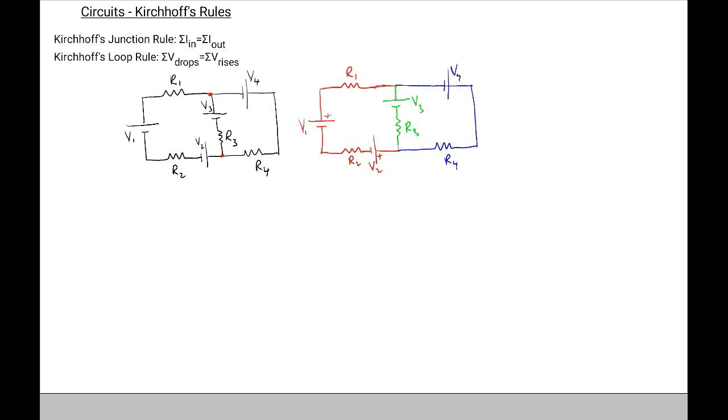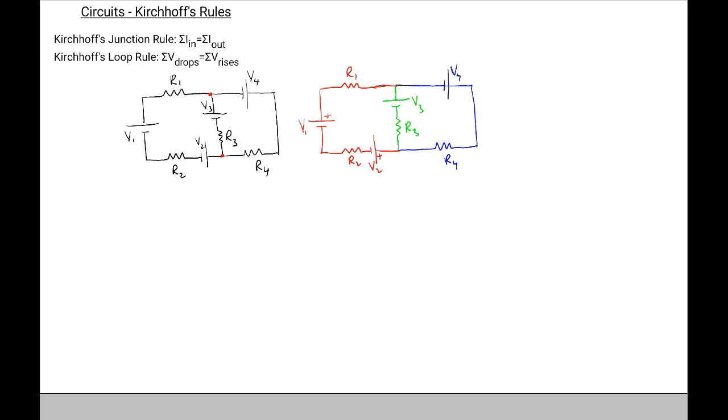So which direction would it be? I don't know. I'm not given values for V1 and V2. And even if I were, it could be that V3 is stronger than all of them and pushes the current in a totally different direction than we would expect. So that is why I can pick a completely random direction for the current through each of the branches.